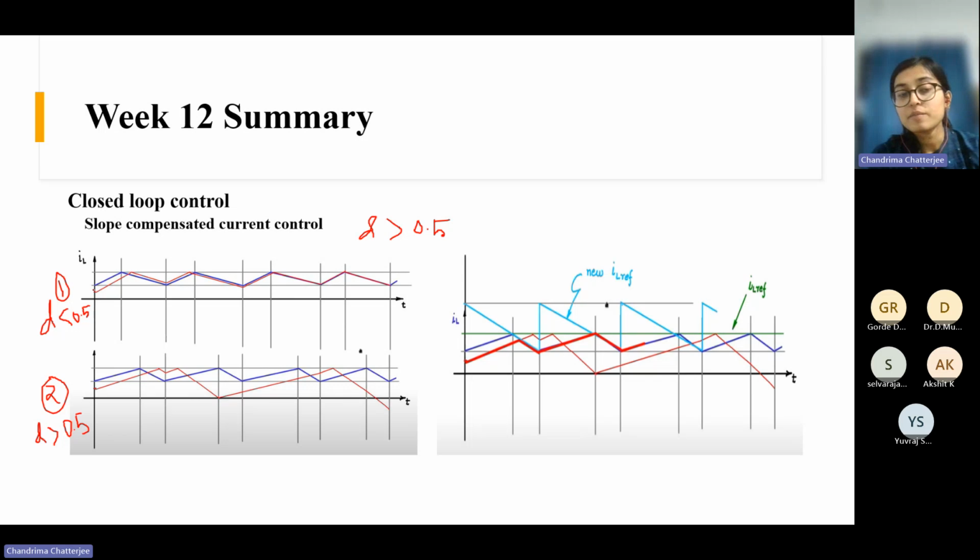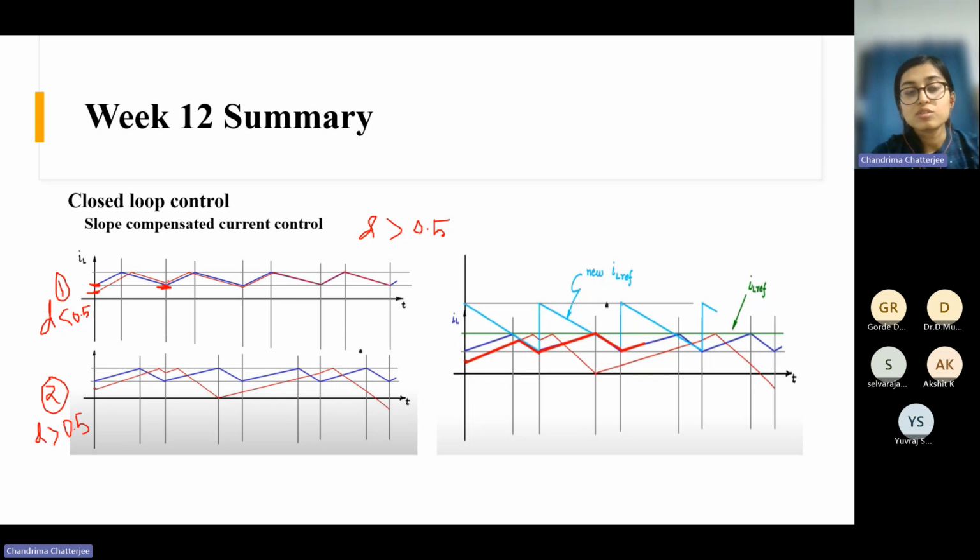Now here, due to some external disturbance, your original current should have been like this. It is rising and then it is falling, and this level and this level at steady state should be the same for flux balancing. But suppose due to some disturbance the current has some DC shift and the operating point shifts here, and it starts rising from this point with the same slope and ends up here.